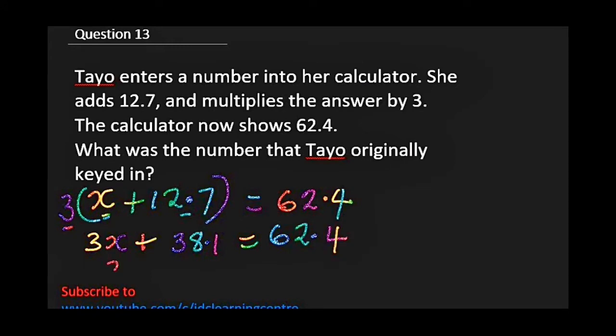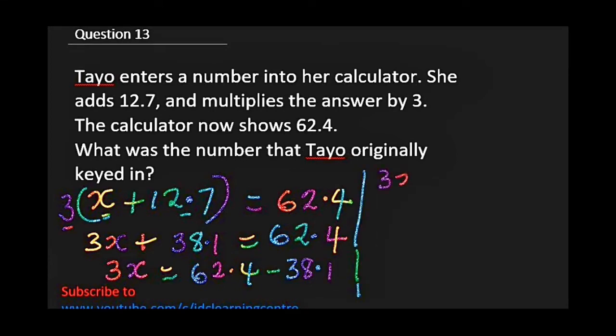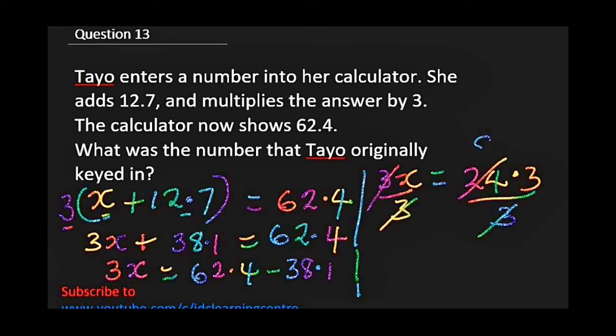Collect like terms. 3x equals 62.4 minus 38.1, which will give me 24.3. To get the value of x, you divide both sides by 3. 3 into 24 is 8, 3 into 3 is 1. So my answer, which is the number, is 8.1.